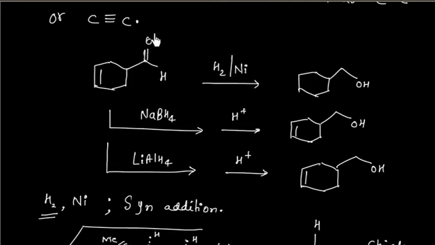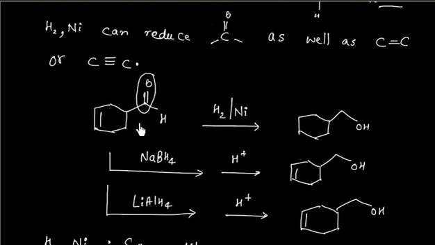H minus can attack only the carbonylic carbon. The C double bond C is not electrophilic, and that's why H minus cannot attack the double bond. H minus attacks only on C double bond O.